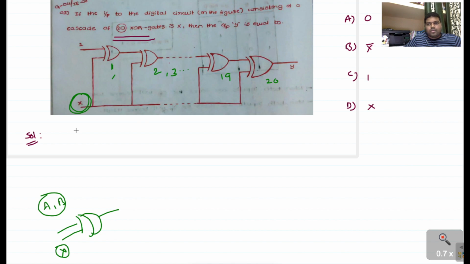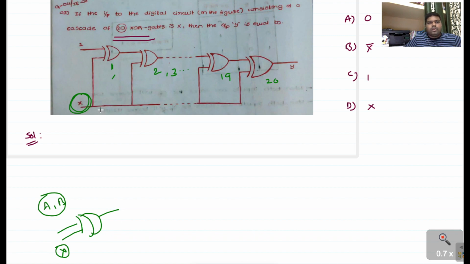The rest of the inputs change, depending on the previous XOR gate. For the first gate one input is X, and the second input depends on the first gate output. And if you take the 19th XOR gate, one input is predefined, and the second input depends on the previous XOR gate, that is the 18th gate.